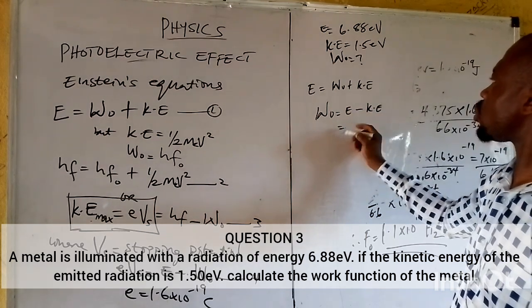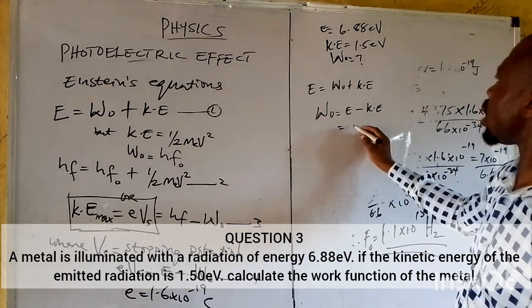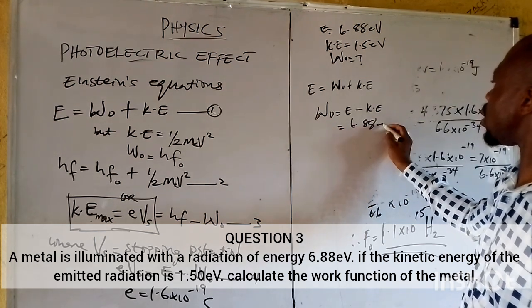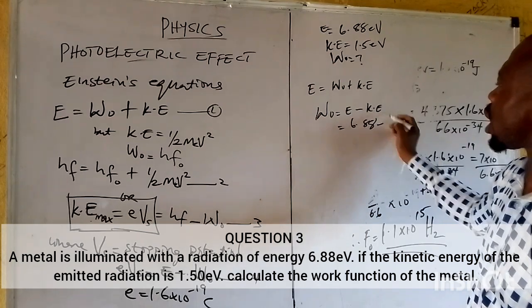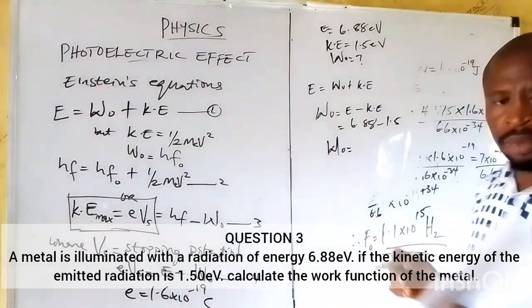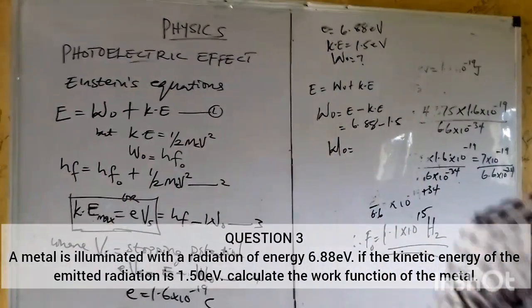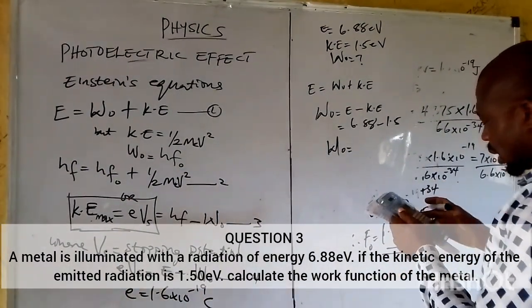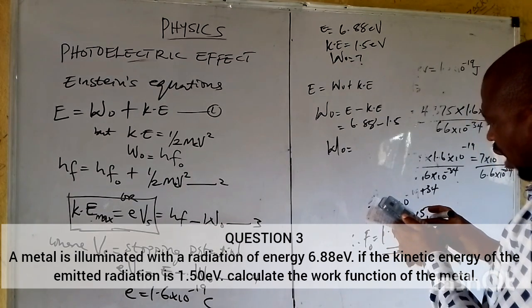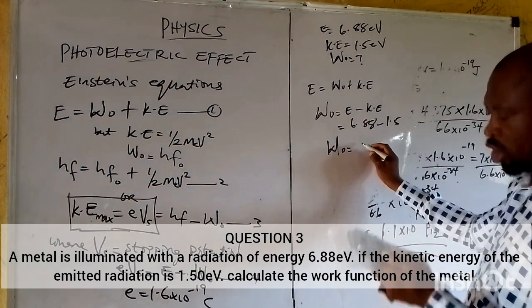E is 6.88 minus KE, and KE is 1.5. Therefore, the work function is given as 6.88 minus 1.5.